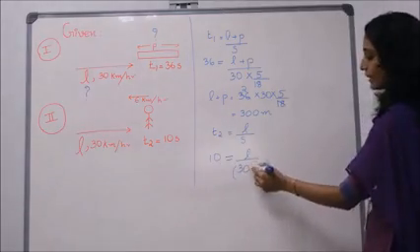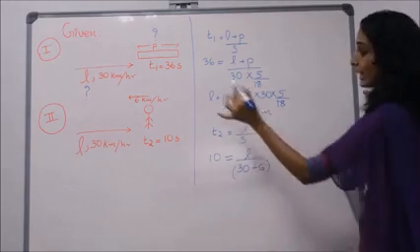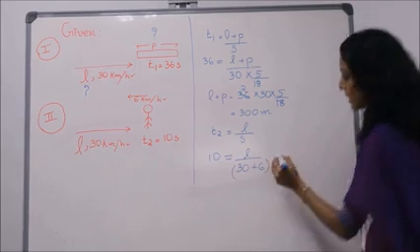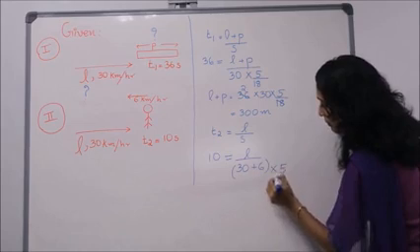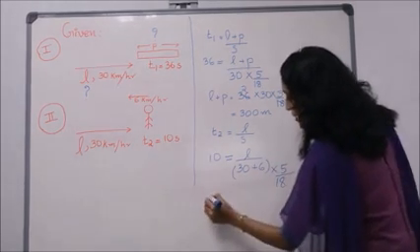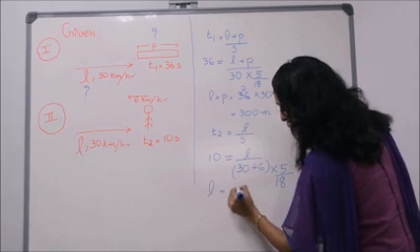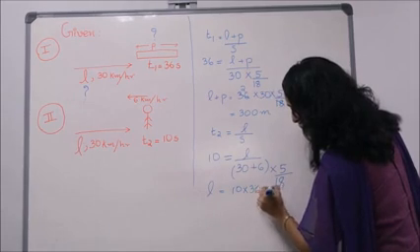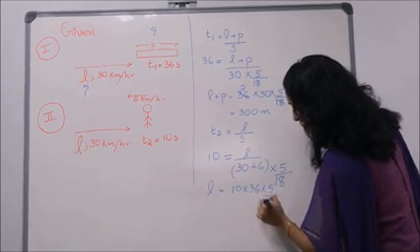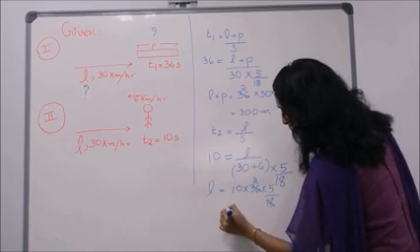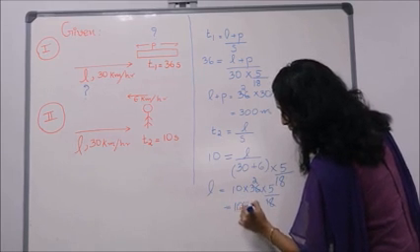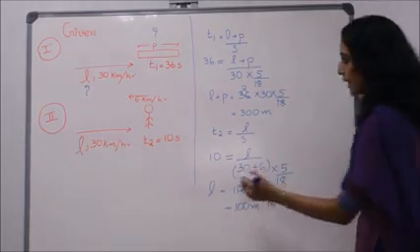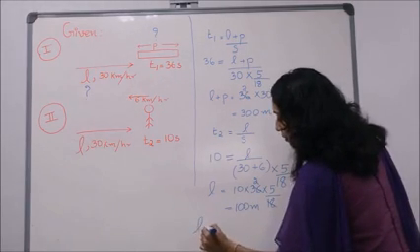That is in kilometer per hour, so we need to convert it into meter per second. So we get the length of the train L is equal to 100 meter.